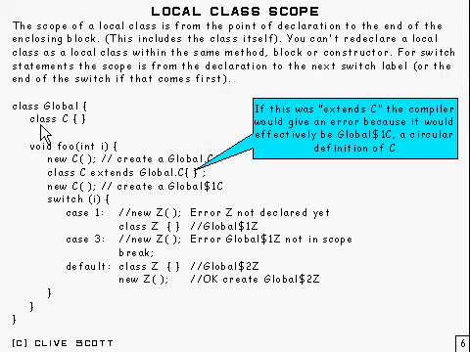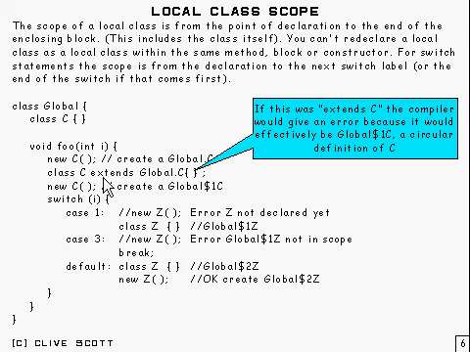Is this a global class here? We've got a member class there declared as C, and we've got this method here, and inside here we go new C. Okay. Now what that will do is create a global.c, which is that one there, and here we've got a class C which extends global.c, so it can do that because that's unique.